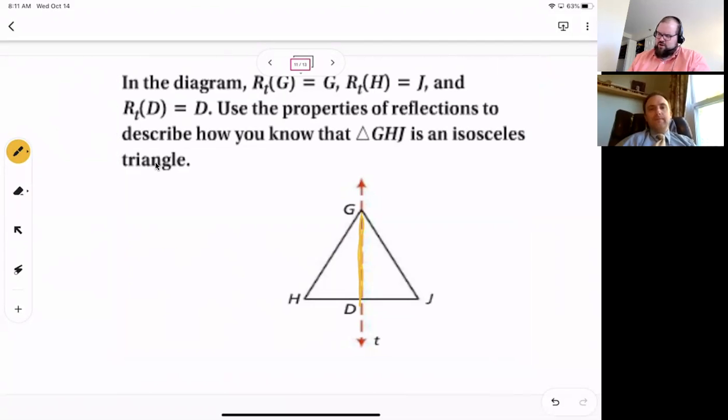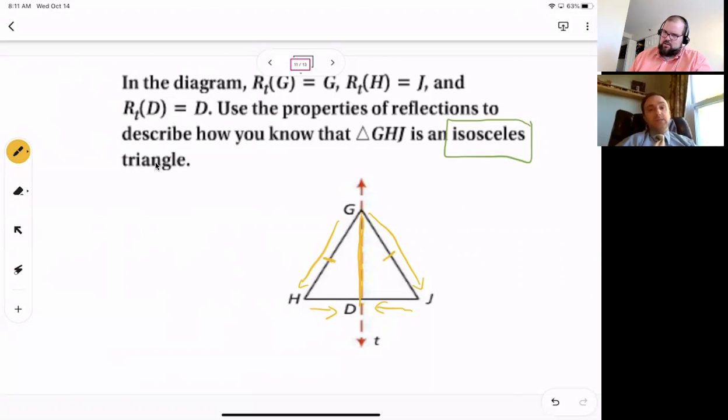Because if this triangle GHD is reflected across line T, which appears to be the case because we're given the reflections of each point to make GJD, we know that reflections are a congruence transformation, that they preserve distance. So the segment GH would have to be the same length as the segment GJ.